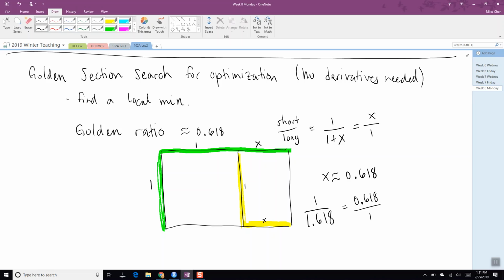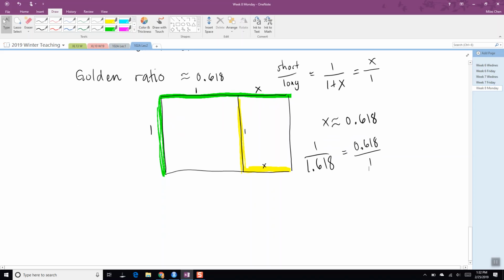If you did 1 divided by 0.618, you get 1.618, okay? Which is pretty neat. So anyway, this is the golden ratio, and we are going to use this, okay? So this becomes 1 is equal to x plus x squared, and then solve for x.